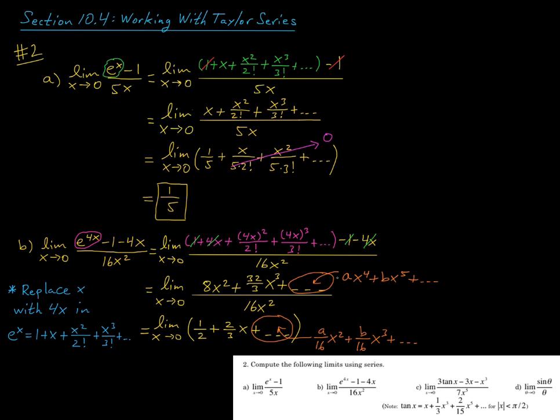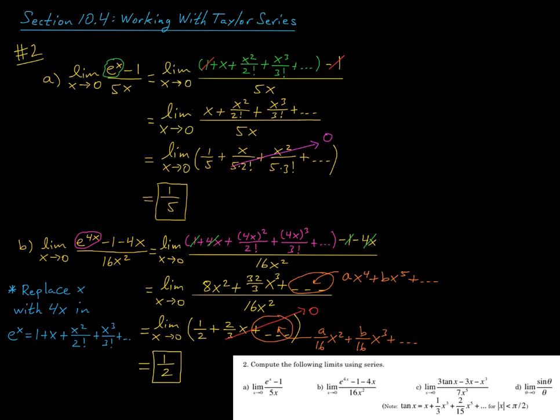And when you divide all of those higher order terms by 16x squared, it's going to start out as something quadratic, then cubic, and so on. Since we're letting x approach 0, just like we saw in part A, all of these terms, aside from this lead term of a half, are going to go to 0. And so the limit is a half.